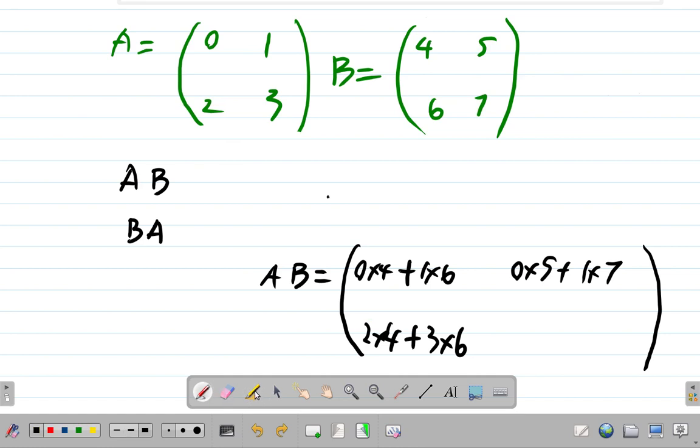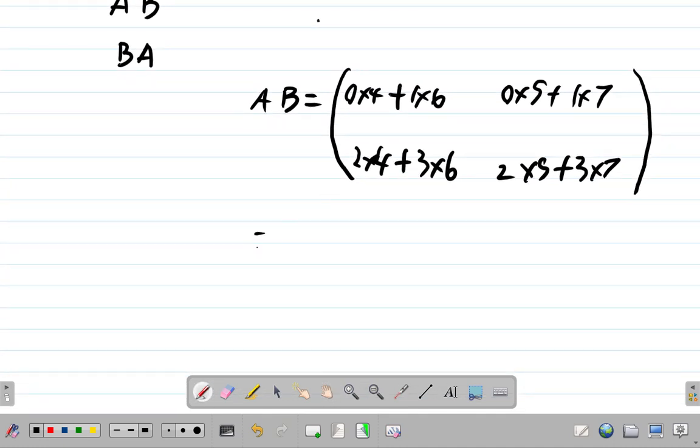So what do we have? Row 2 by column 2. First element in row 2 times first element in column 2. It's 2 times 5 plus second element in row 2 times second element in column 2, 3 times 7.